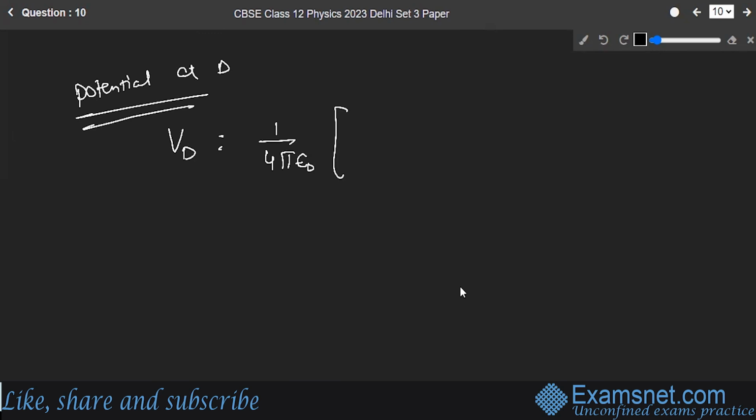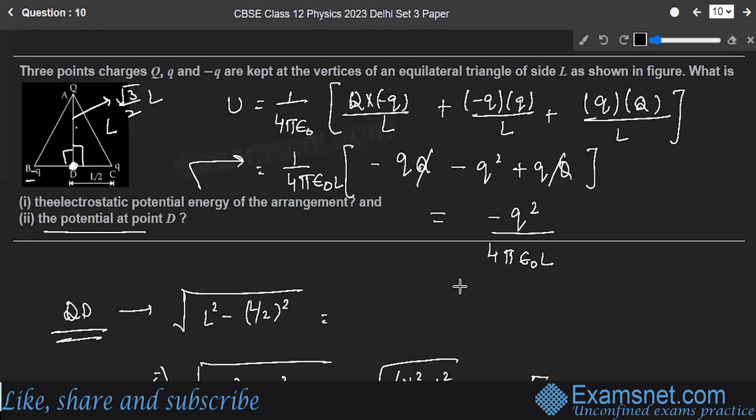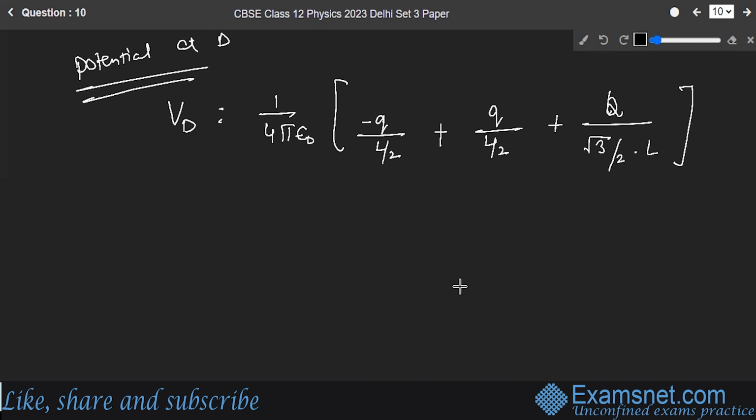See the point, the charges here you are having minus Q, Q and Q. So this will be given by minus Q upon L by 2 plus Q upon L by 2 plus Q upon root 3 by 2 L. So this is equal to 1 upon 4 pi E naught. I'm taking the L outside. This will be equal to minus 2Q by L.